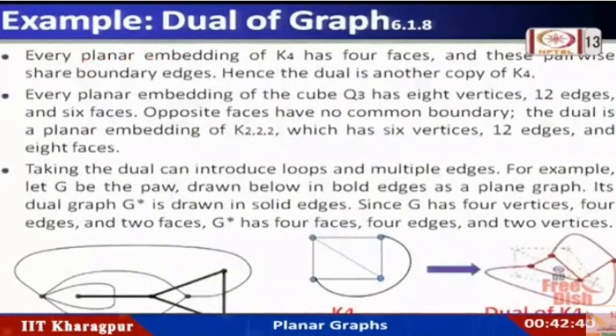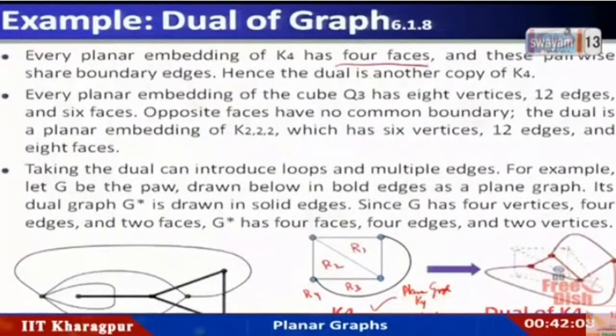So every planar embedding of K4. So this is K4 and this is the planar embedding, or this is the plane graph of K4. Now we can see that there are 4 faces. This is region 1, region 2, region 3 and region 4.